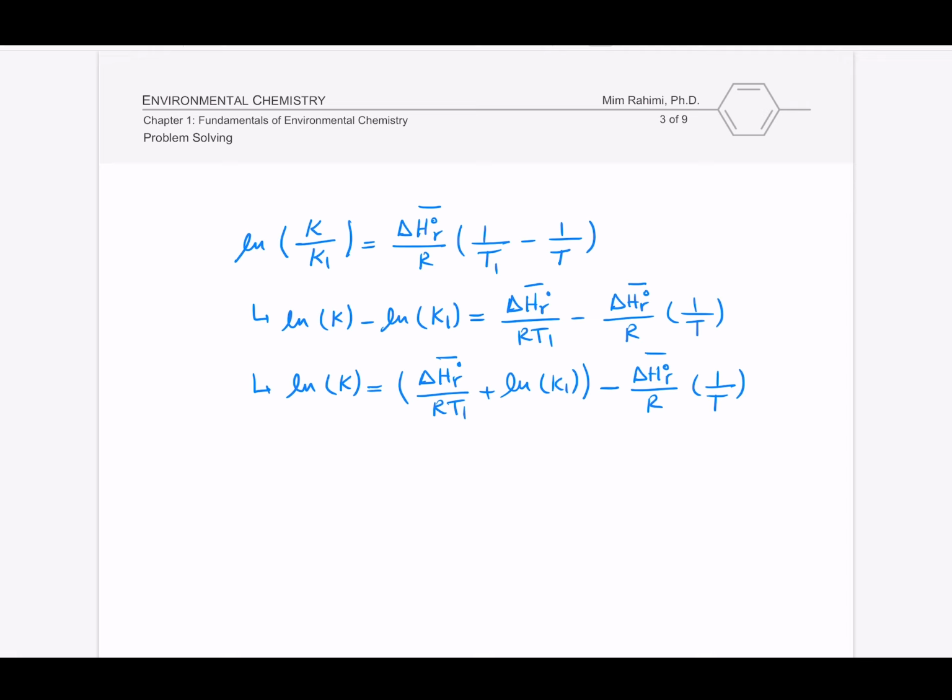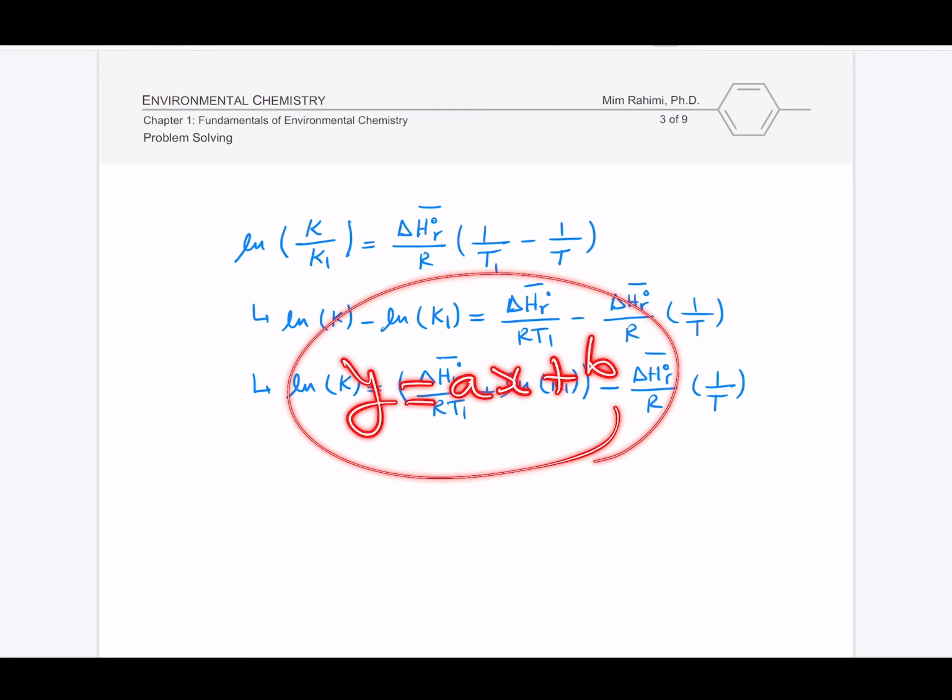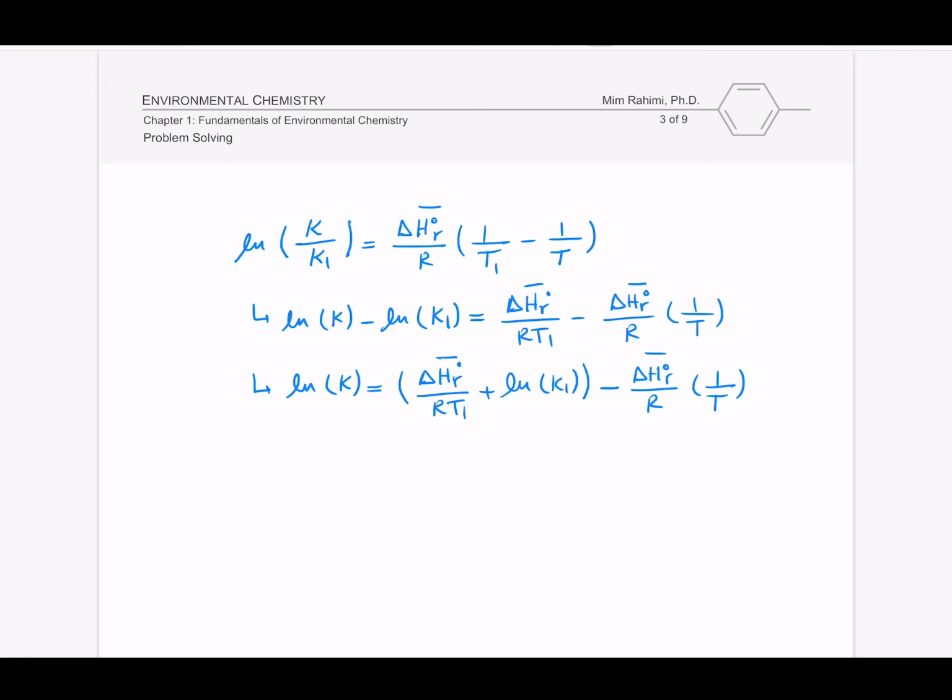How is this linear? How is this in the form of y equal to ax plus b? Because that's the linear form we're looking for. So this could be our b, and 1 over T is the variable. So this, minus delta H over R, would be a.